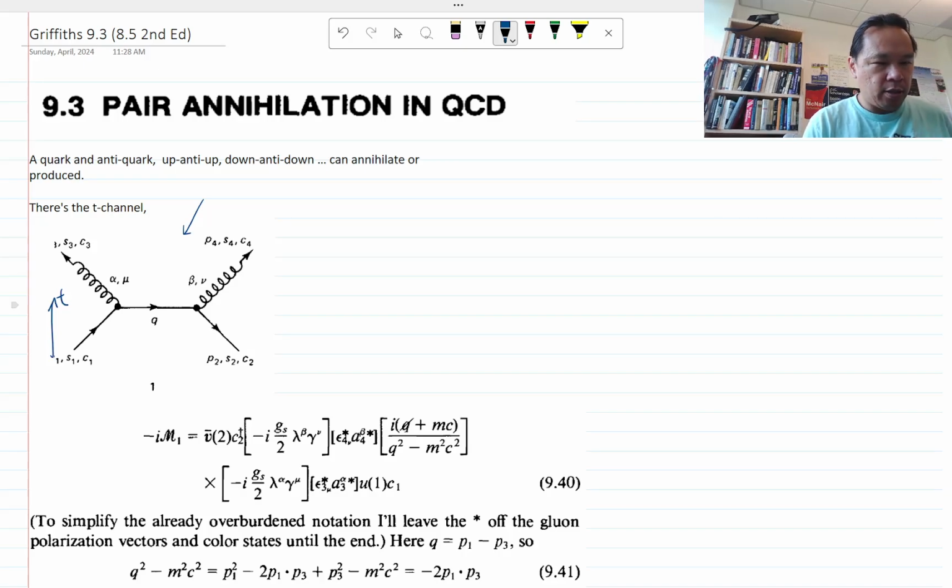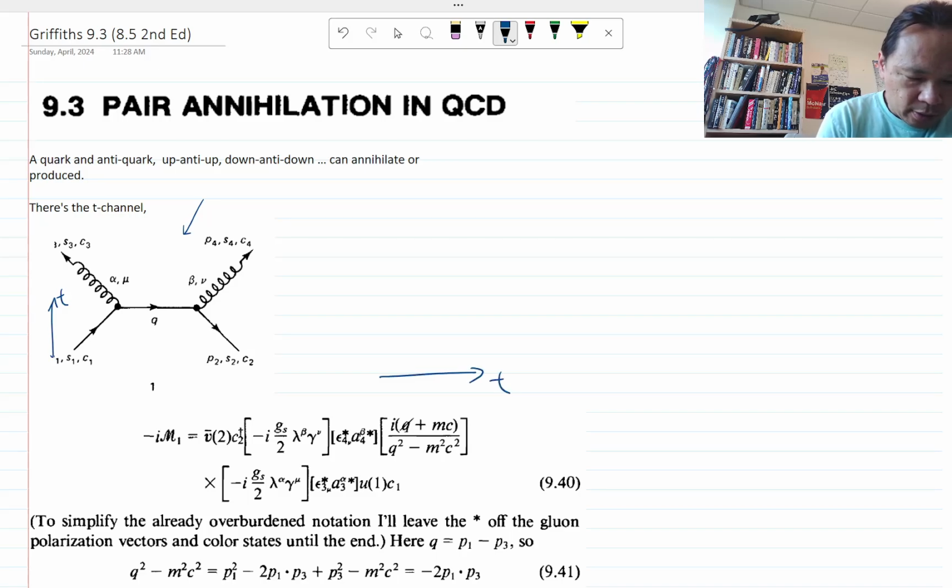So I'm going to translate this to the Thomson version, which is where we're going to have time going left to right. So we have a quark coming in, right, with some momentum P1, okay, and then some spin 1, and then some color 1.